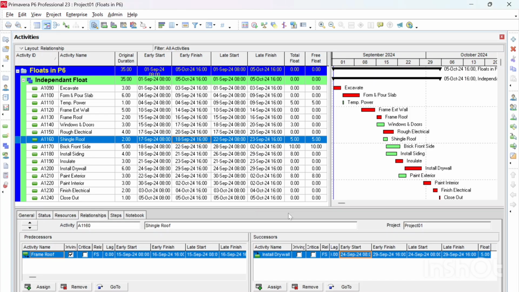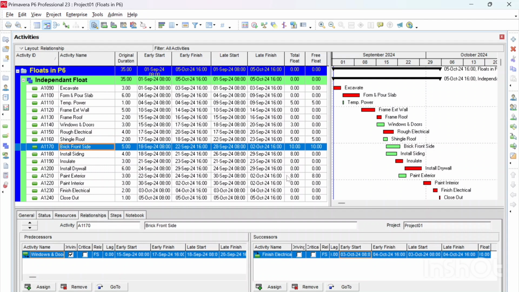If we go back to Primavera P6 and look at this activity, break front side, we will see that from the successor case, which gives us the free float, we subtract the early finish of the activity break front side, which is September 22nd.